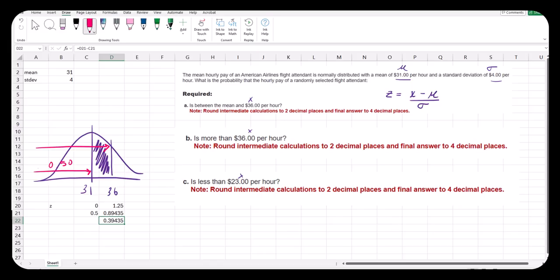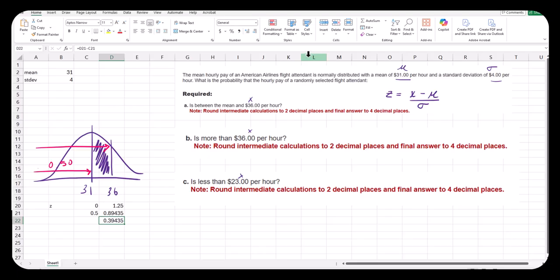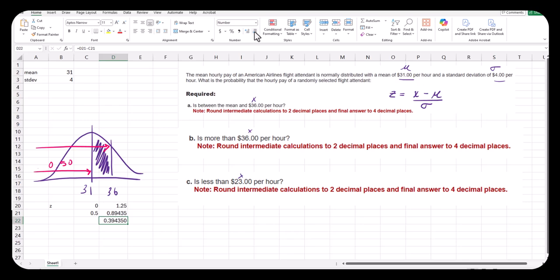So the first part is it's asking you to go through and find the z values, which is this 1.25, but then to find this area, 0.3944 rounded. And notice up here, somewhere in this problem, it tells you to round intermediate calculations to 2 decimals, and then your final answer. What they mean by the intermediate calculations is the z values.